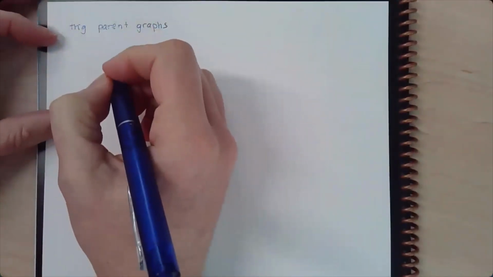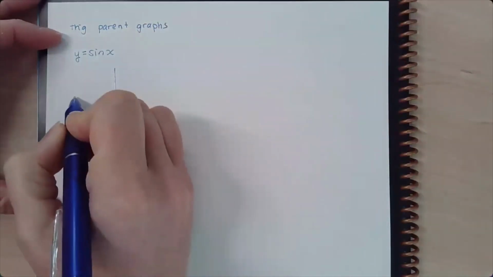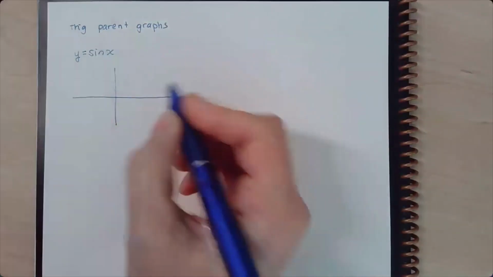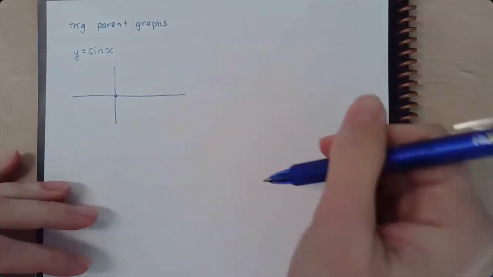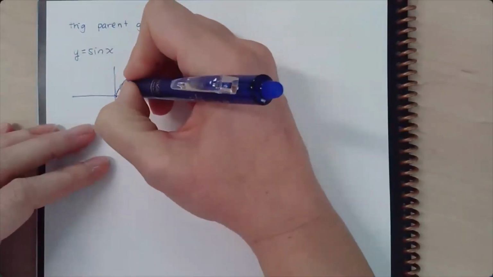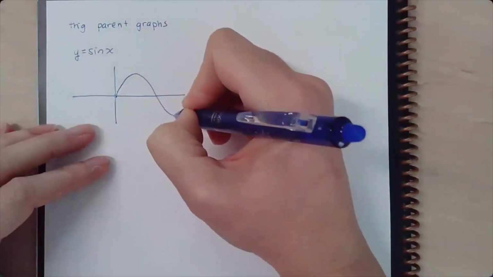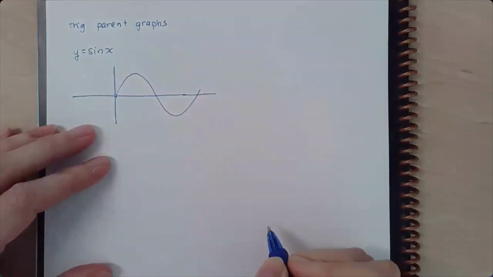So 2 of our trig friends, sine and cosine. Y is equal to sine of x. This graph starts at 0 and sine always heads towards its highest value first, like the regular sine graph. When we think about sine, usually we think about it in the first quadrant.